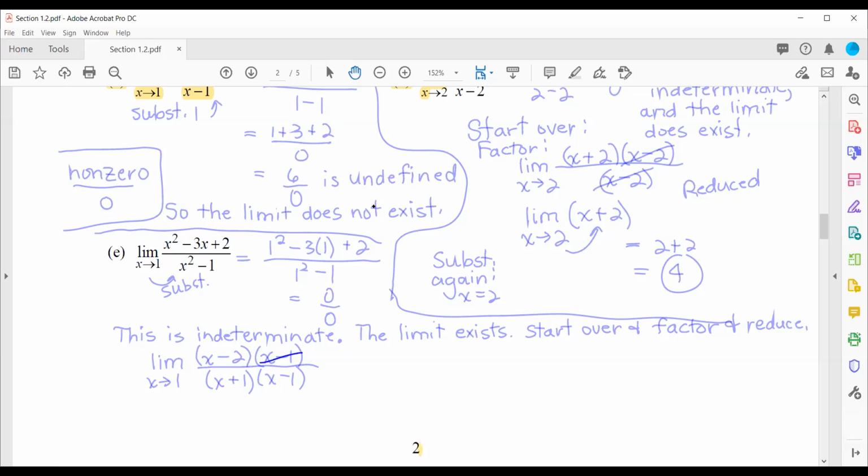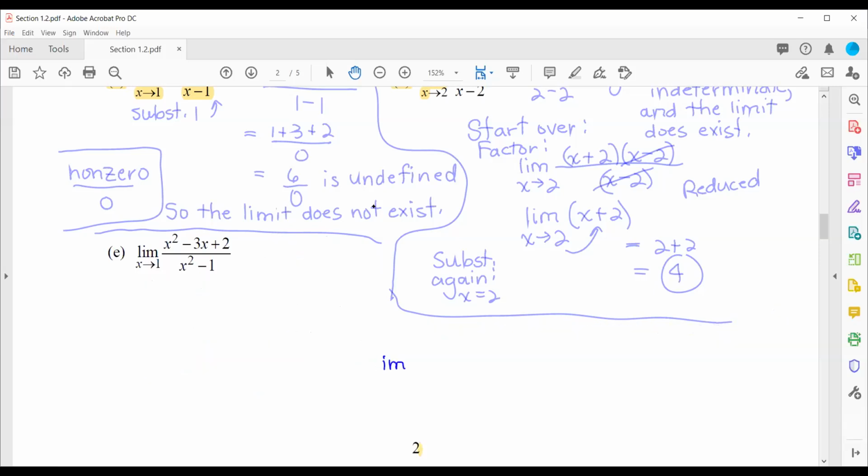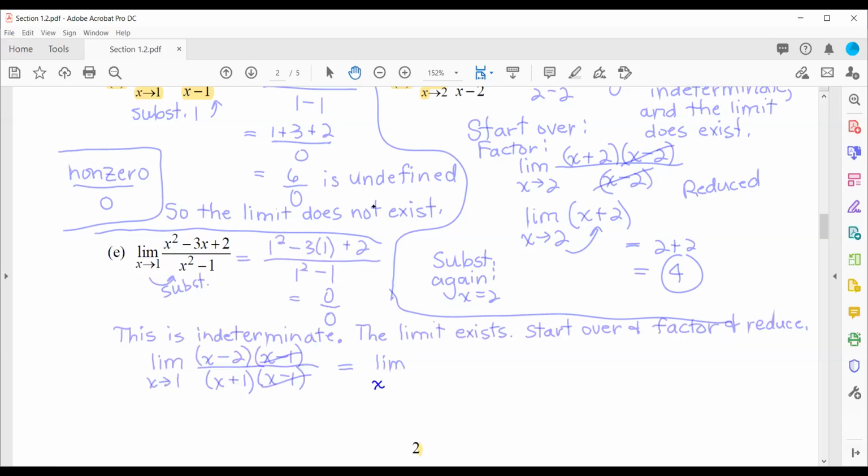The x minus 1 divides out. The function reduces to x minus 2 over x plus 1.